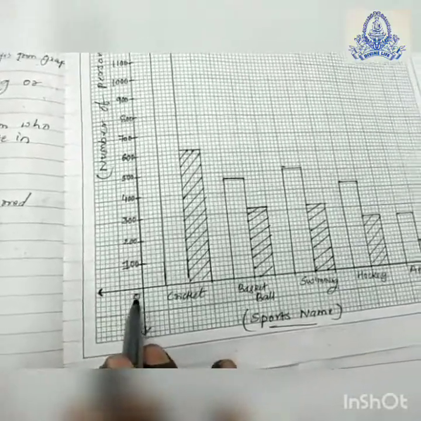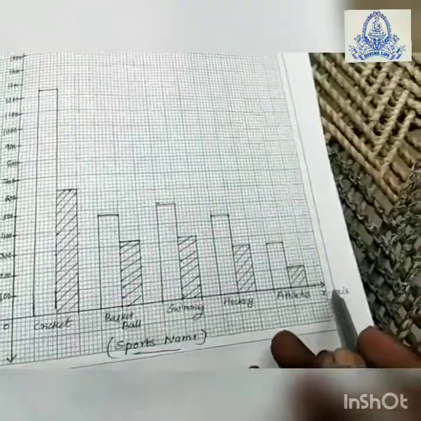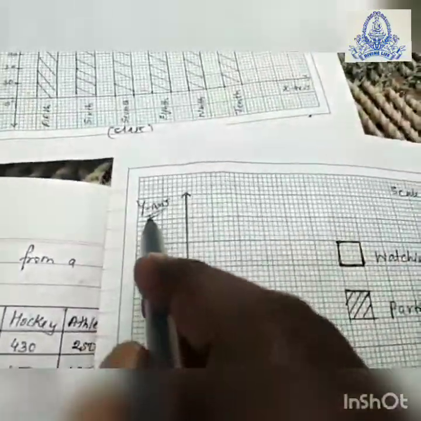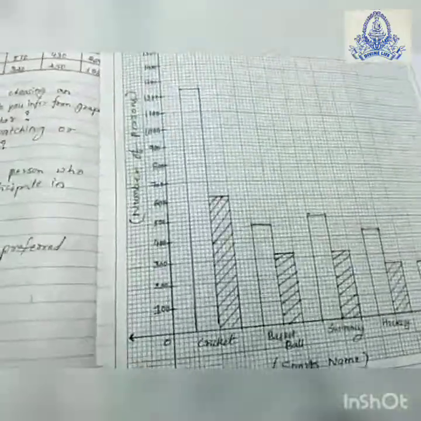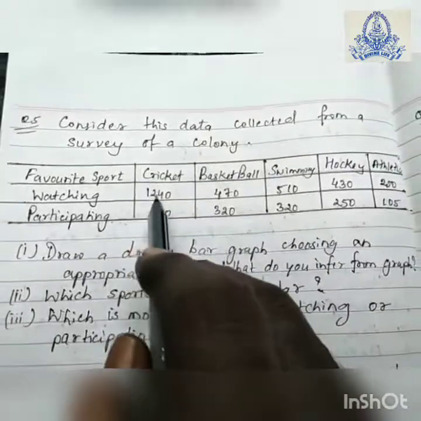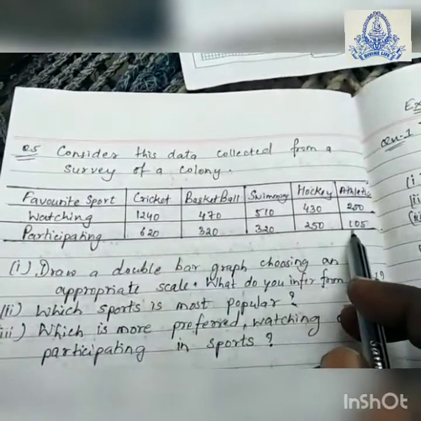Here we have to put a 0, with one vertical line and another horizontal line. The horizontal line is the x-axis, write it down after drawing it, and then the y-axis on the vertical line. First of all, from the observation you have to see that the maximum number is 1240 and the minimum is 105.